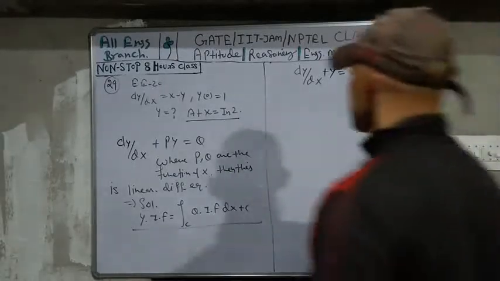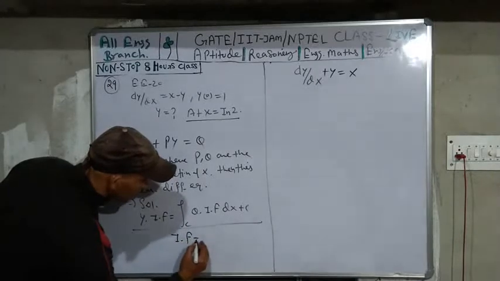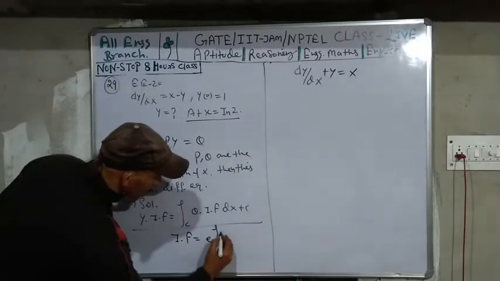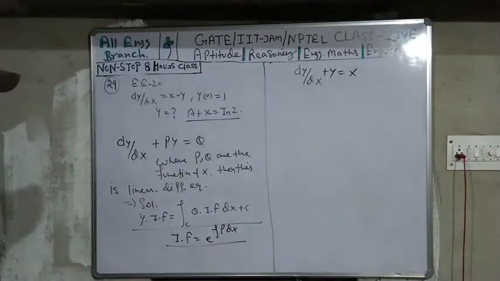So in this condition, what is your integrating factor? Your integrating factor is e to the power integral of P dx. This is your integrating factor.